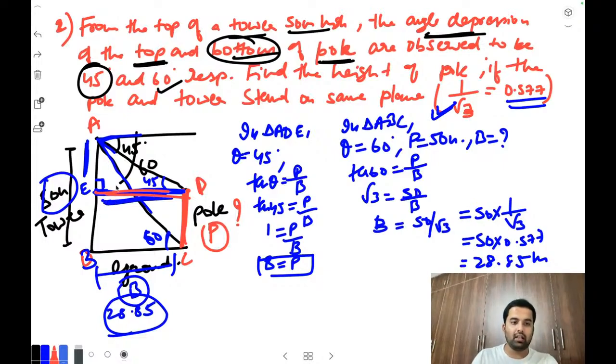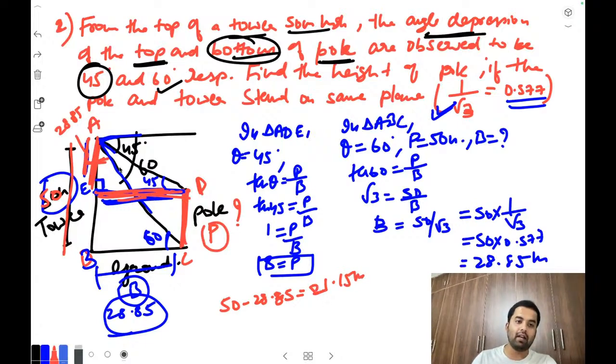As you see here, this becomes equal, and this ED is equal to what? This one, AE, correct? 50 meter is the whole. This value becomes what? This becomes 28.85. Subtract that. 50 minus, I'm doing it directly here, but you have to write the content properly. After subtraction, 21.15 will come.